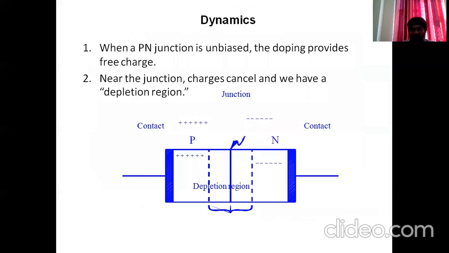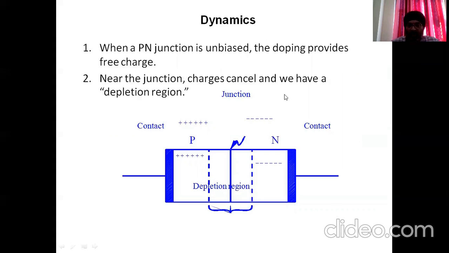Now once we know how to make a static model of this diode for computer-based designs, we also should know about the dynamics of these diodes. When a PN junction is unbiased, meaning in equilibrium state, the doping provides free charge, same as in signal diodes.